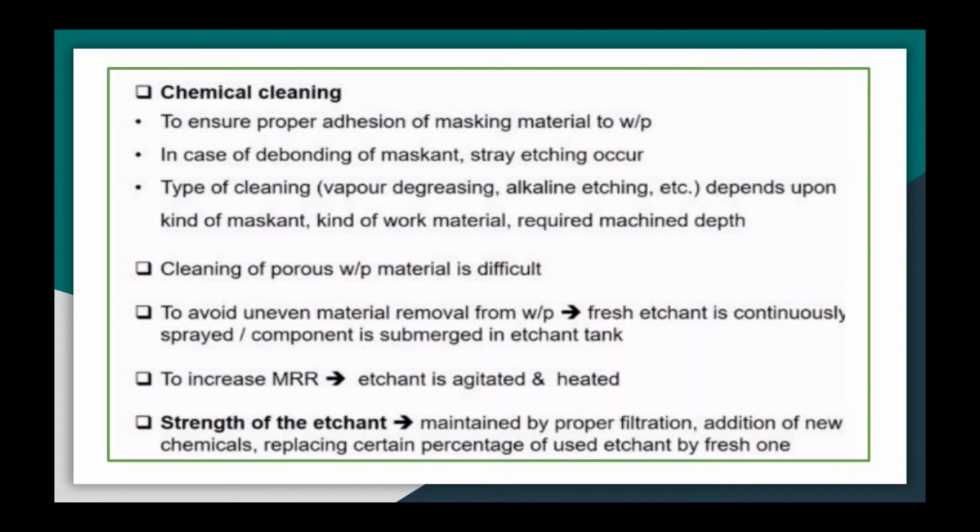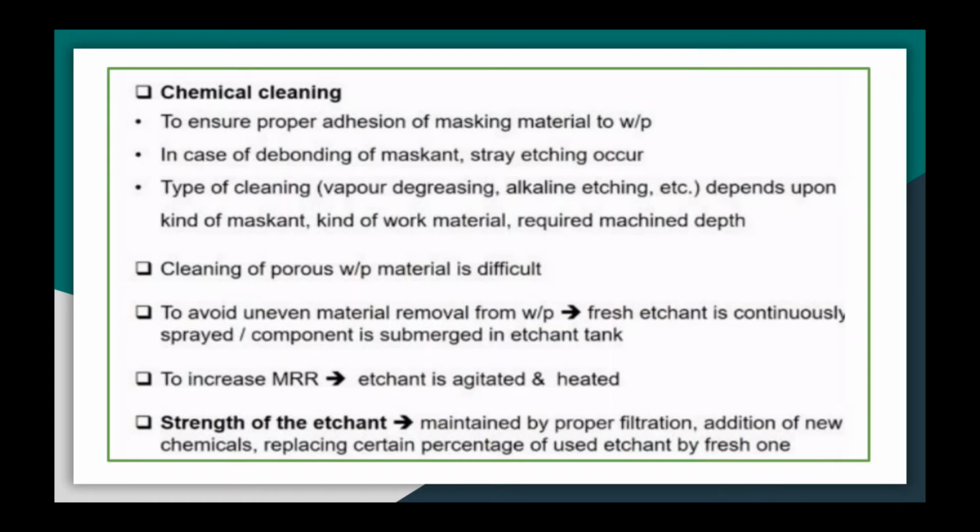So how to maintain a higher material removal rate is always a question mark as far as chemical machining is concerned, because it is a very slow process compared to the electrochemical machining process. What is normally the practice is to filter the etchant before recirculation.